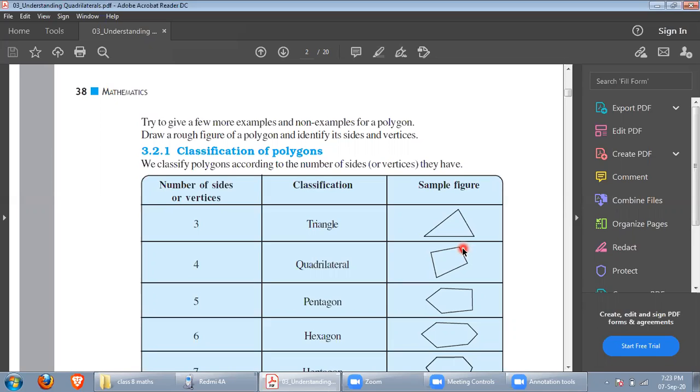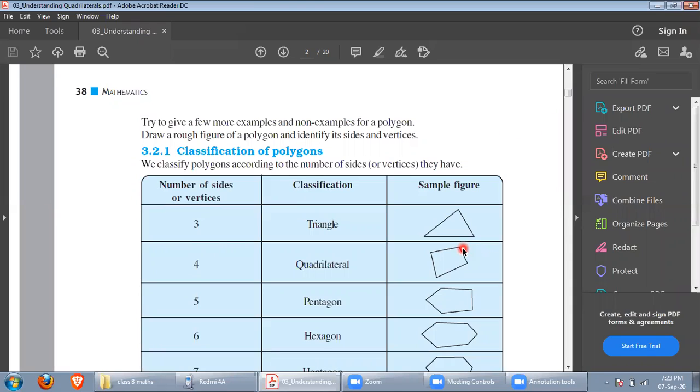And then this, even though it is not fully closed, you might say that the line doesn't cross, but it is not fully closed because some part is closed, but the other part is not closed. So it will not be a polygon. My reason will be it is not fully closed.